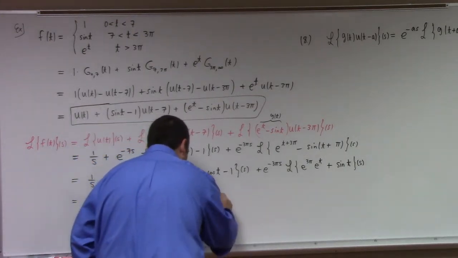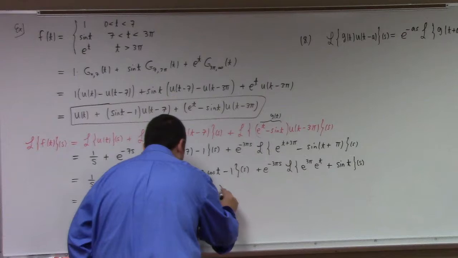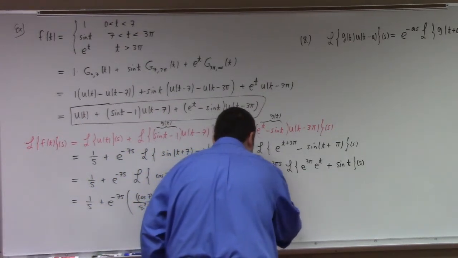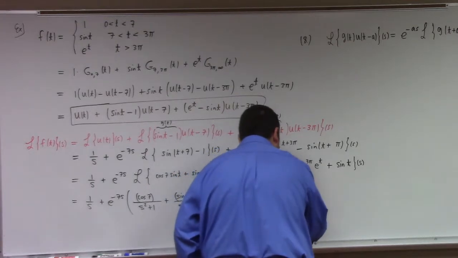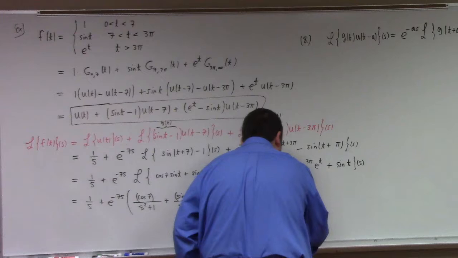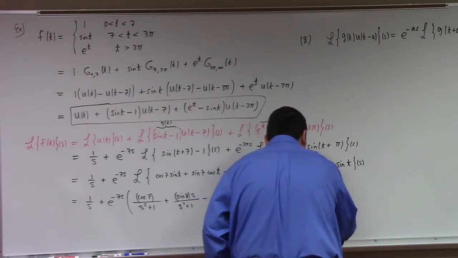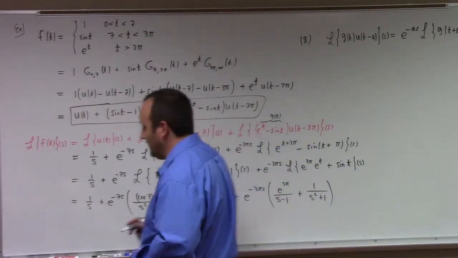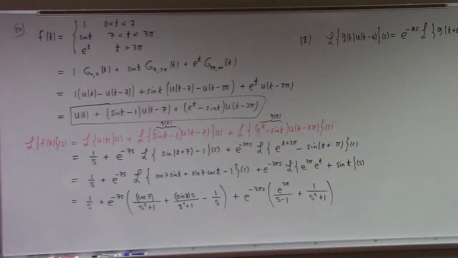The Laplace transform of minus 1 is just minus 1 over s. And then here, e to the minus 3 pi s. The Laplace transform of e to the 3 pi e to the t is e to the 3 pi over s minus 1, and then plus 1 over s squared plus 1. And there you go. That's the Laplace transform of this three-case discontinuous function.